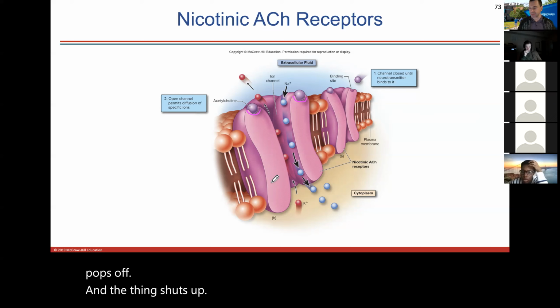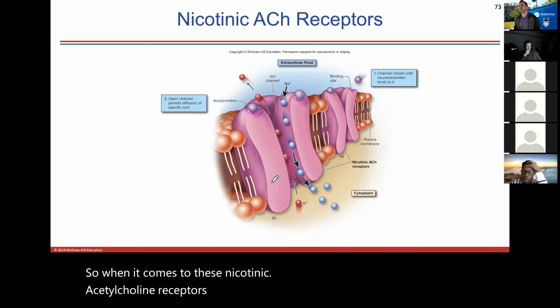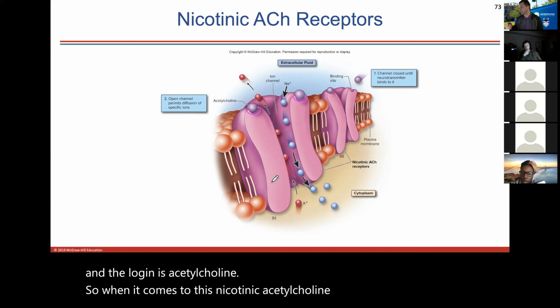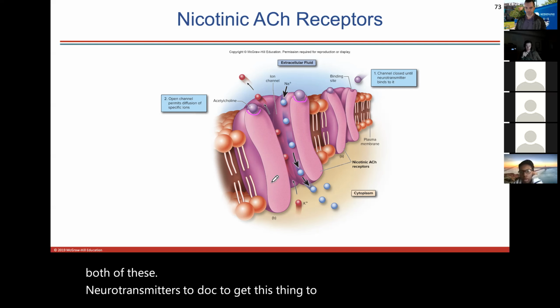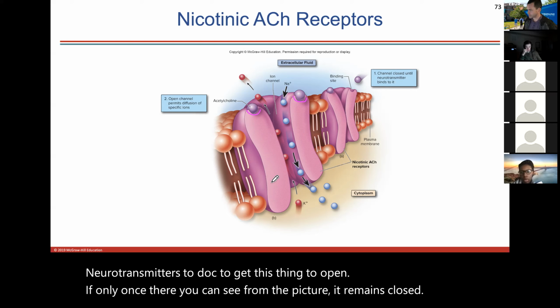So when it comes to these nicotinic acetylcholine receptors, the ligand is acetylcholine. I need both of these neurotransmitters to dock to get this thing to open. If only one's there, you can see from the picture, it remains closed.